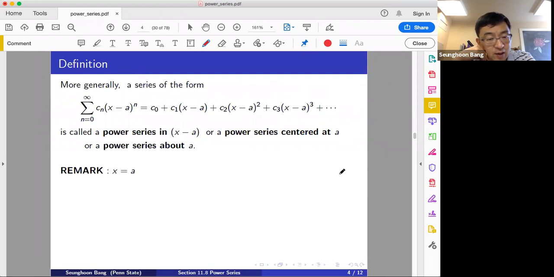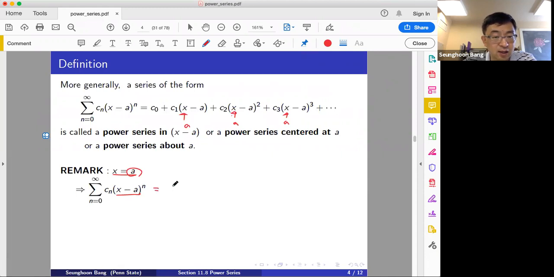With one remark: x equals a, what happens? You can plug a into here. So what is that? Exactly c0 plus c1 times (a minus a), plus c2 times (a minus a) squared, and so on.